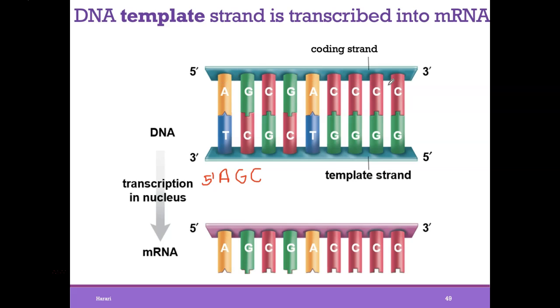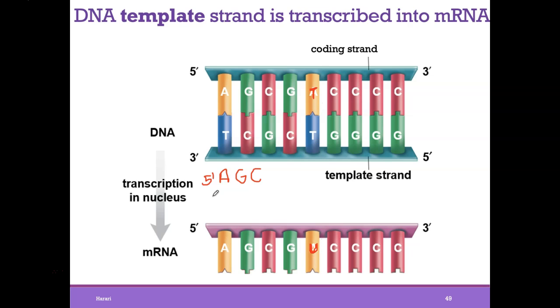The coding strand of DNA, which is in 5' to 3', looks exactly like the mRNA transcript. There's going to be one difference, and that's if this were a T, then this would be a U. That's the only difference, with T's and U's.